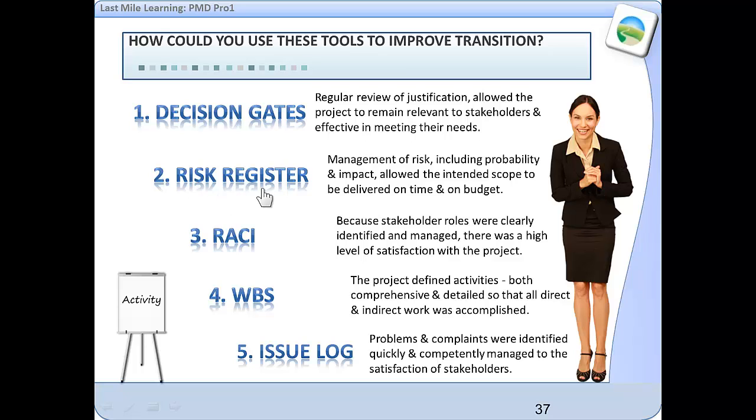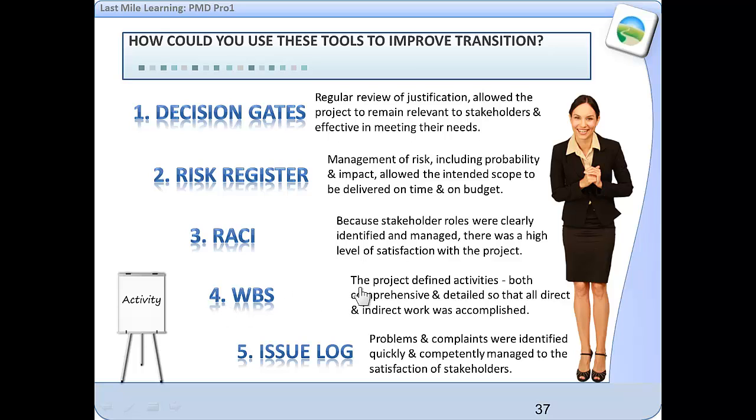The risk register then is related to transition because management of risk, including probability and impact, as we discussed in an earlier chapter, allowed the intended scope to be delivered on time and on budget. The RACI, because stakeholders' roles were clearly identified and managed, there was a high level of satisfaction within the project.